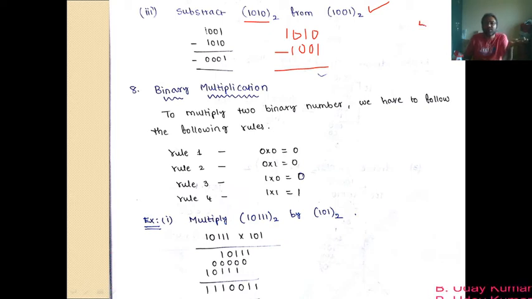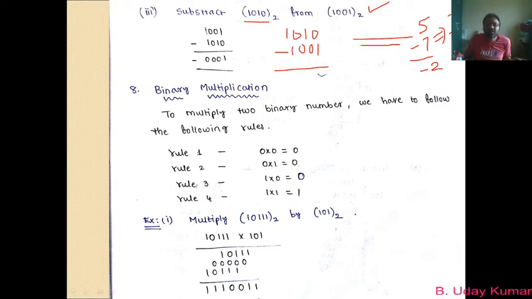For example, in decimal numbers, 5 minus 7, how much do you get? You just write it as minus 2, right? How do you do this? You do this by reversing the procedure. 7 minus 5 will be 2, and instead of plus you just write minus. This is the same thing we are doing even in the case of binary numbers.